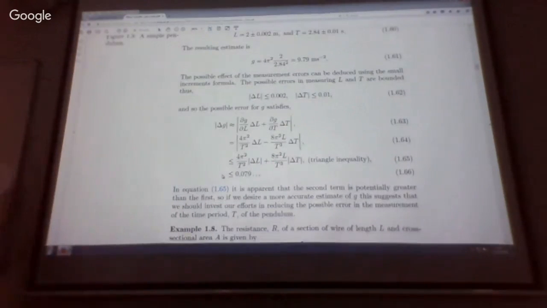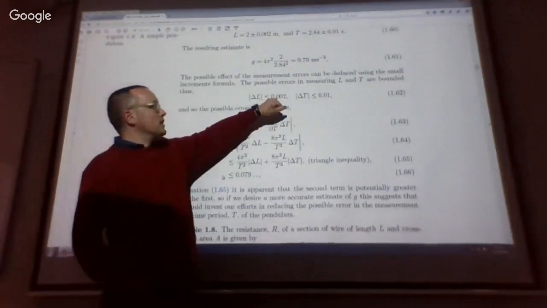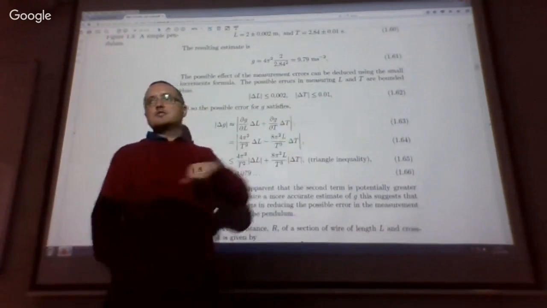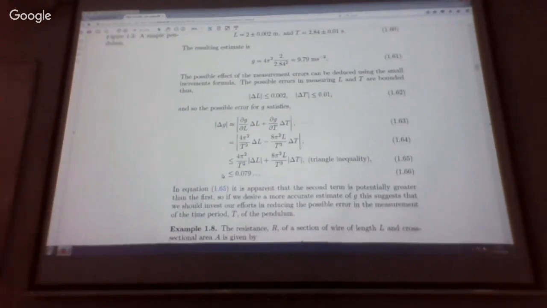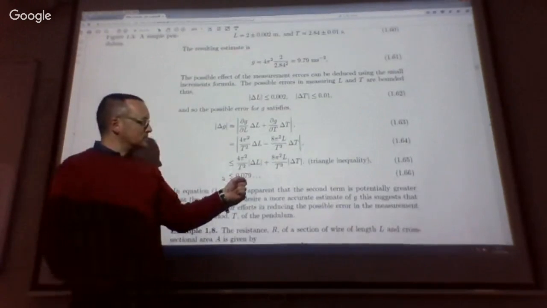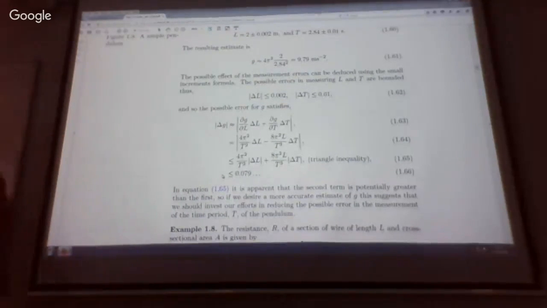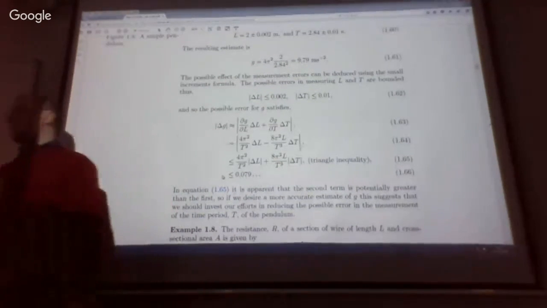Those are the partial derivatives dg dl, dg dt, respectively. And absolute value delta L, absolute value delta T, those are bounded above by 2/1000ths and 100th, respectively. Okay. And that combination produces this upper bound, 0.079, approximately 8/100ths. That's the upper bound for the error in G.